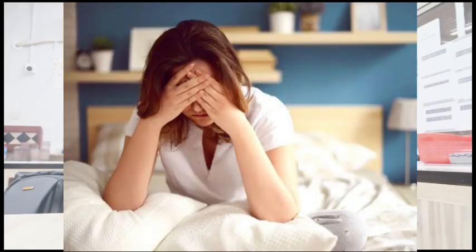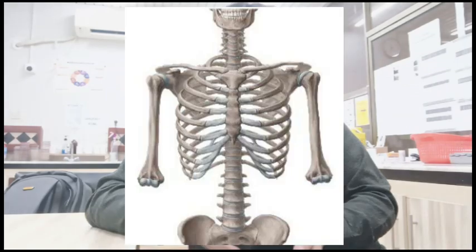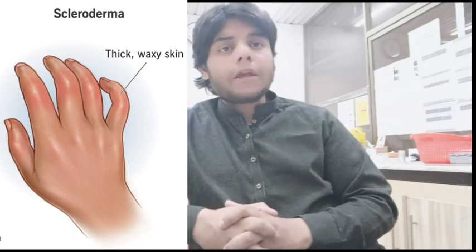Now let's see when this test should be performed, when the doctor wants to perform this test. This test should be recommended when there is muscle weakness, headache, when the CK, creatine kinase level becomes high, when there is joint pain, hard and tight skin, etc. Then the doctor recommends this test.